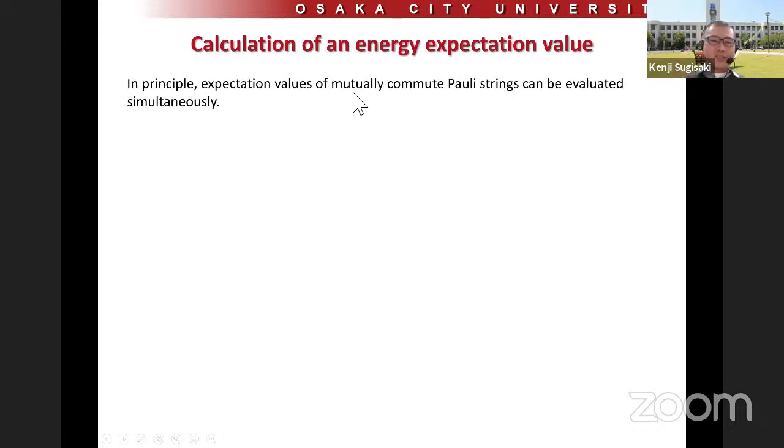But in principle, the expectation value can be calculated by using the statistical manner. But the expectation values of mutually commutative Pauli strings can be evaluated simultaneously. So it means expectation values of Pauli strings that are not commutative cannot be evaluated at the same time.